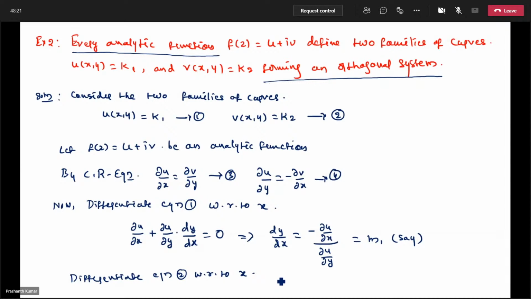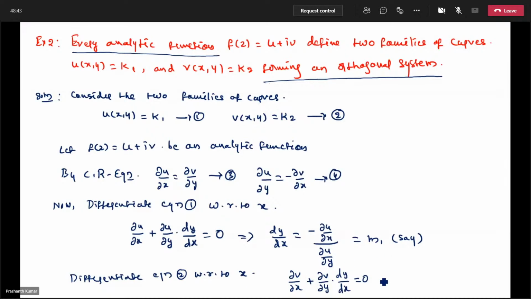So differentiate equation 2 with respect to x. Then again in the same way, dou v by dou x first, plus dou v by dou y into dy by dx, is equal to 0.